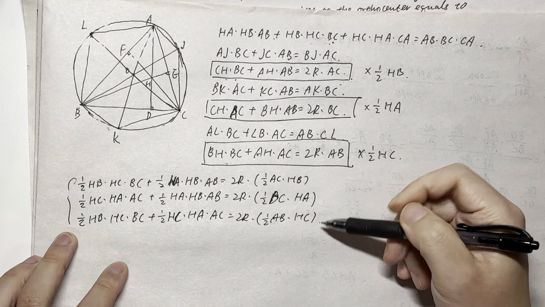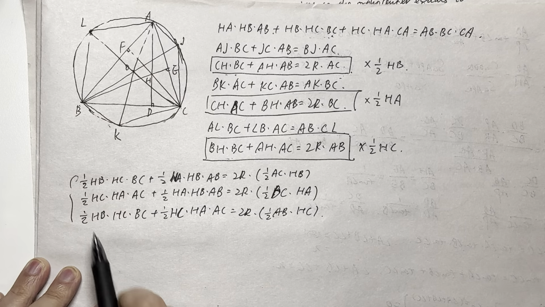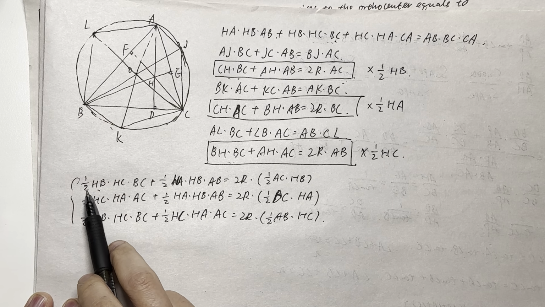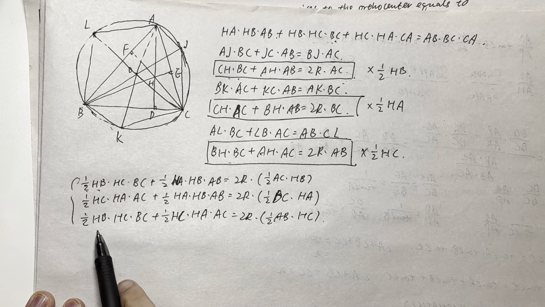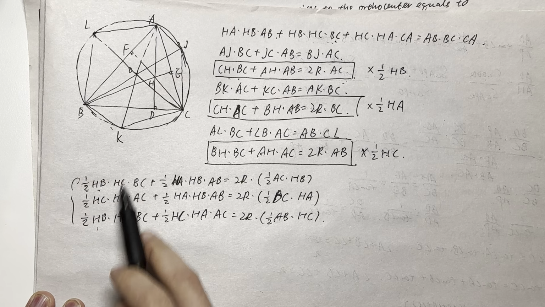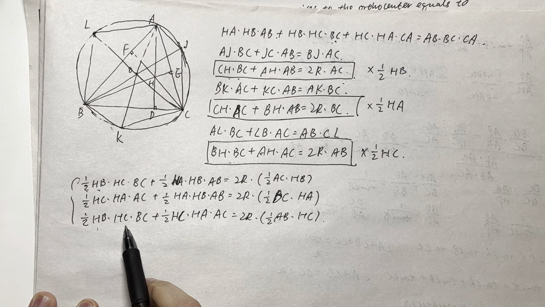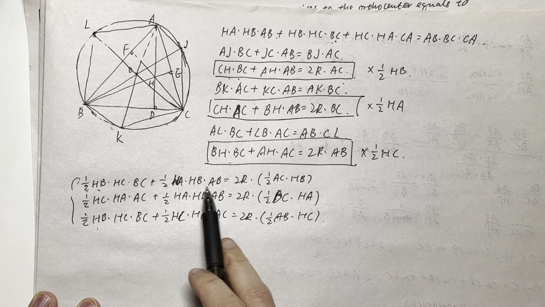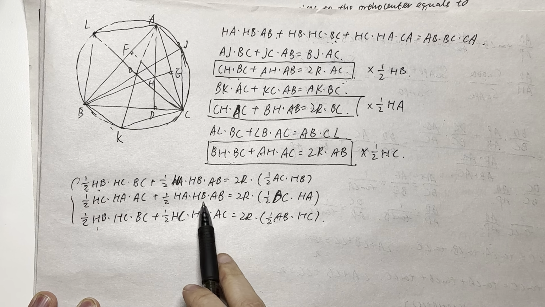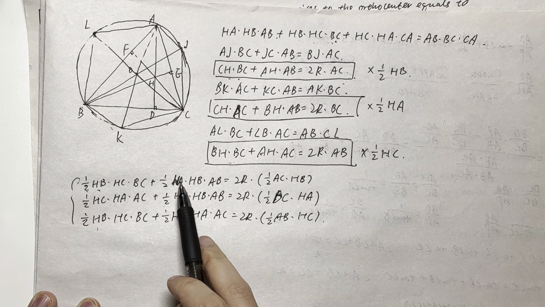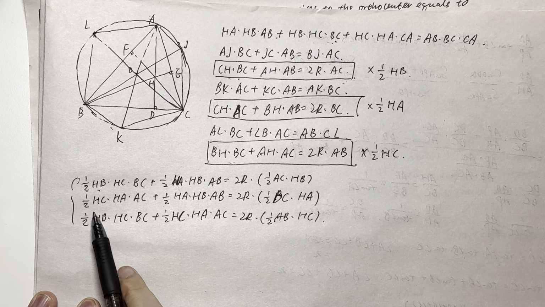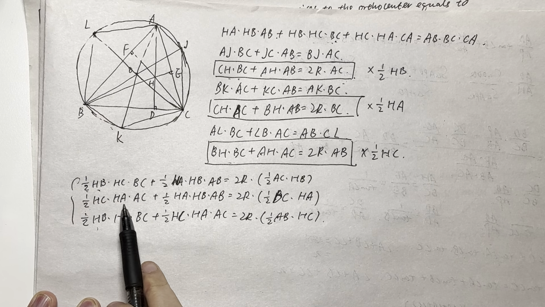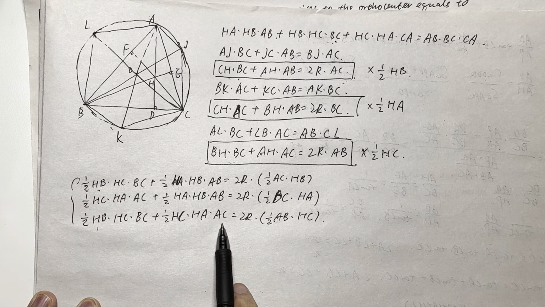If we sum these three equations together, we have half of HB, HC, BC twice, which makes a full HB, HC, BC. We have half of HA, HB, AB twice, making a full HA, HB, AB, and half of HC, HA, AC twice, making a full HC, HA, AC.